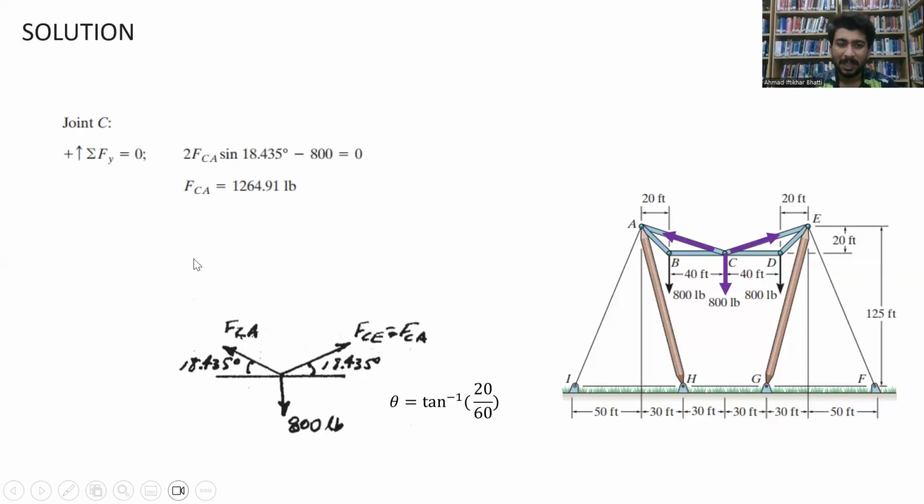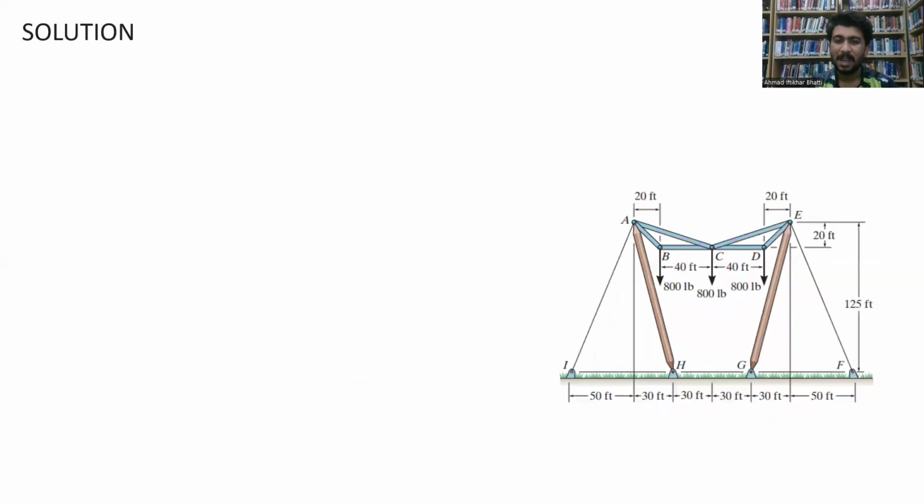So in the vertical direction, we have 2 multiplied by the force in the member CA with sine component and the angle of 18 degrees, while we have a vertical downward force of negative 800 pounds. So the force in member CA is about 1,264.91 pounds.